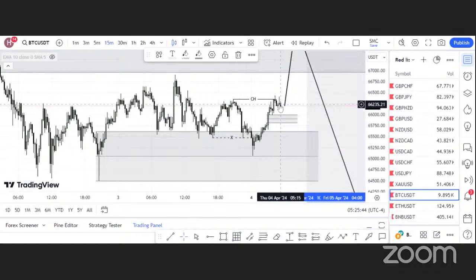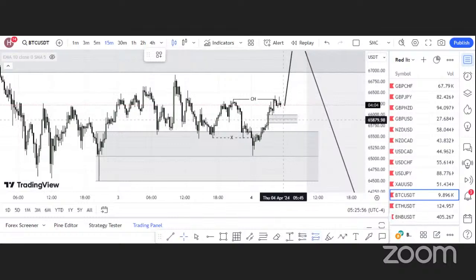So now, when this market comes to this level, if the market comes back to this level, we are placing a buy trade, right? We are placing a buy trade. So this is our entry, 50%.